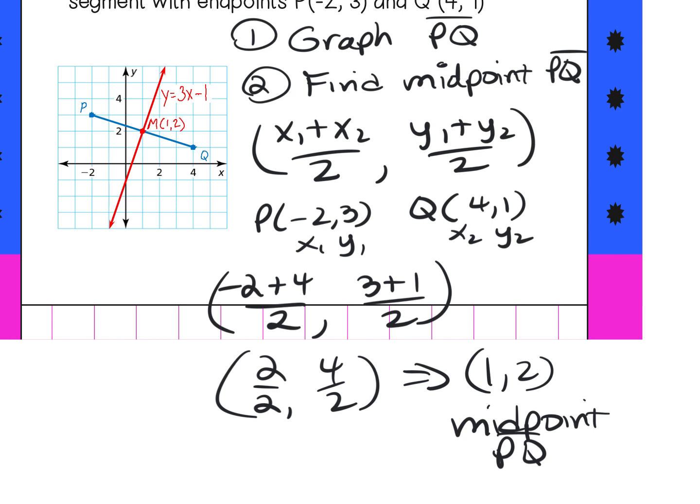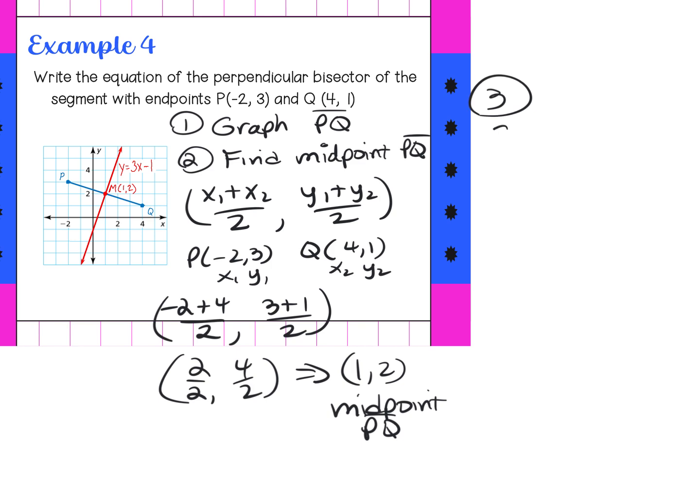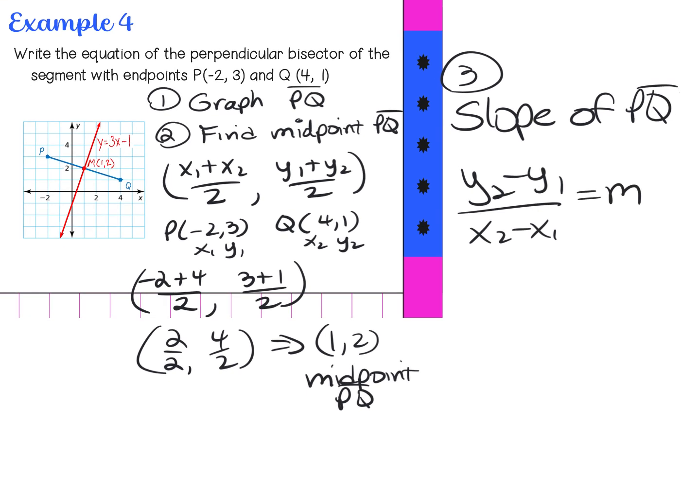So now my next step is to find the slope of PQ. So step number 3, I need to find the slope of PQ. And then after I find that, I have to turn it into the negative reciprocal, which will be the slope for the perpendicular line. So the slope formula, y2 minus y1 over x2 minus x1, that's my slope. Again, same two ordered pairs.